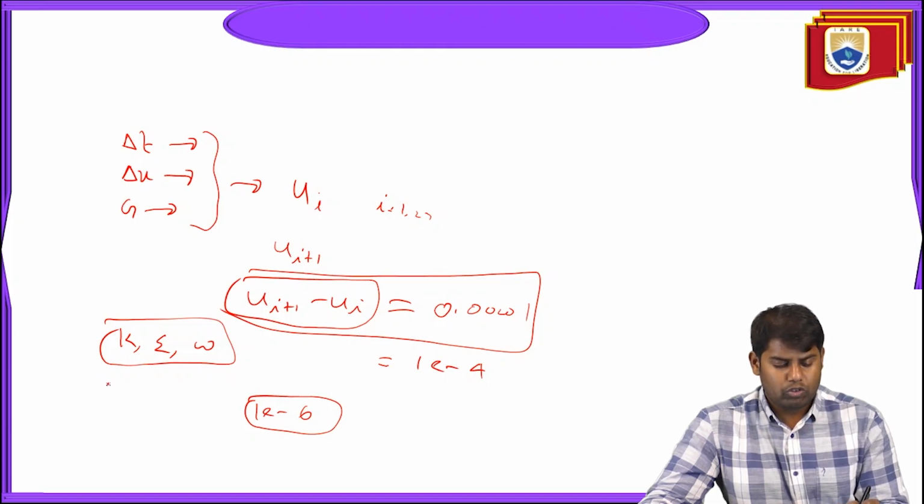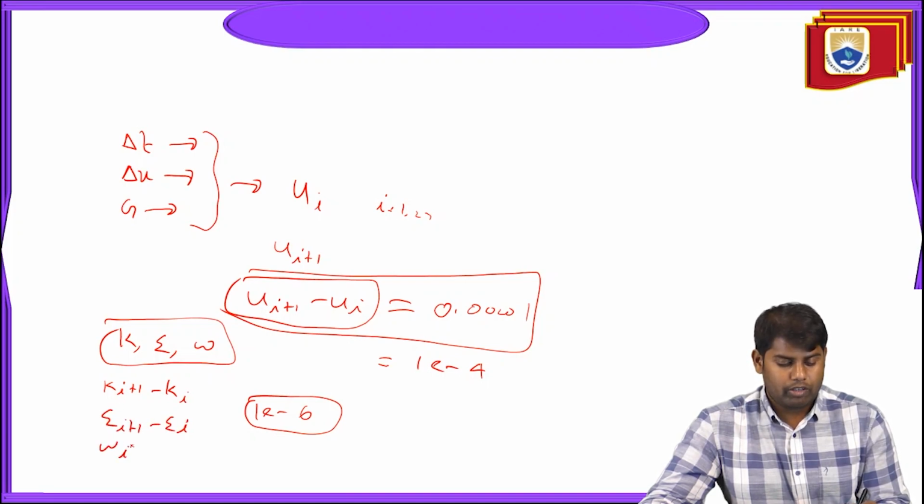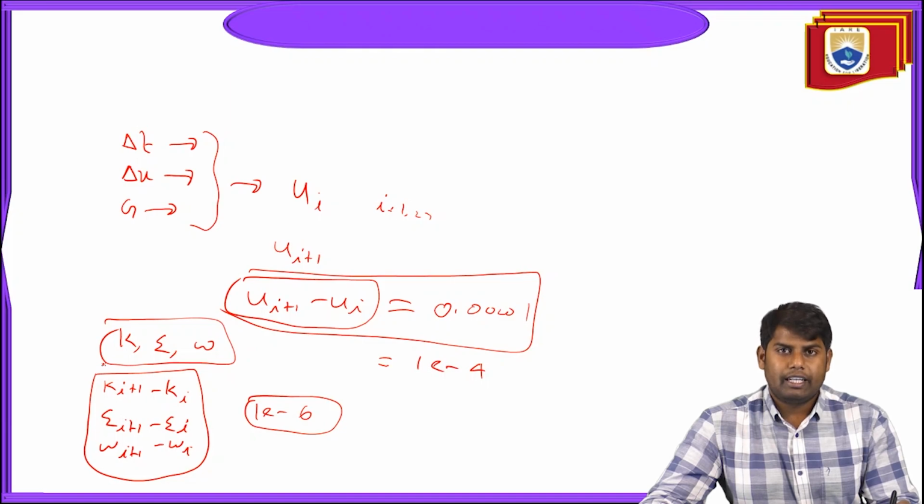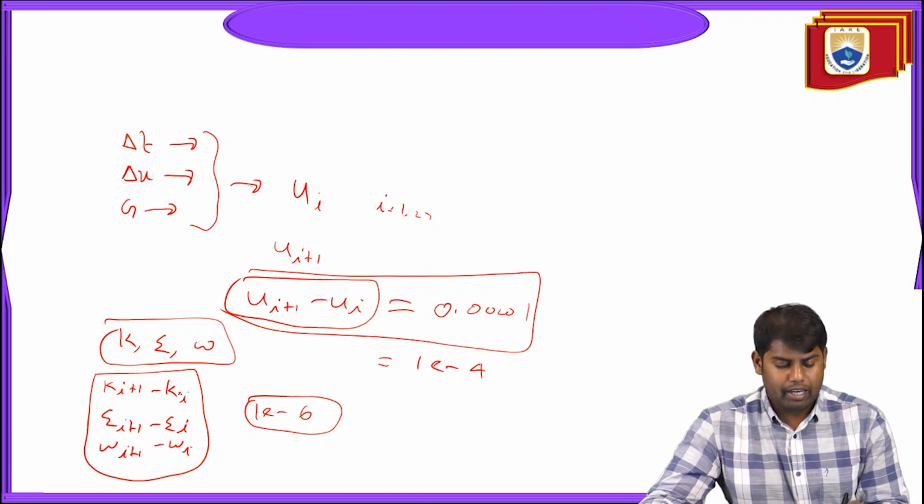So we have k of i plus 1 minus k of i, epsilon of i plus 1 minus epsilon of i, omega of i plus 1 minus omega of i. So for each and everything we give a convergence criteria. So we say that if the error value, or the difference between these two, has come less than this, then we stop the simulation. If it is greater than that, we continue the simulation.